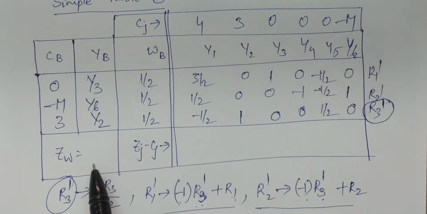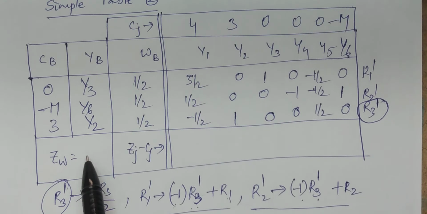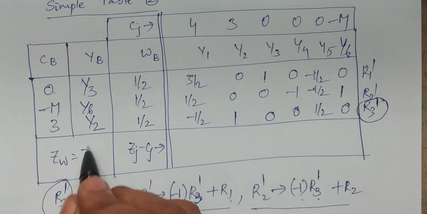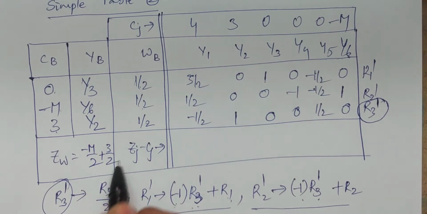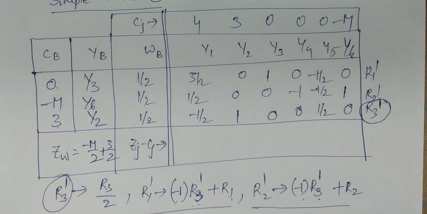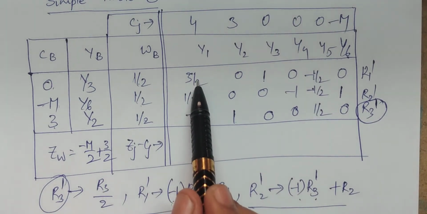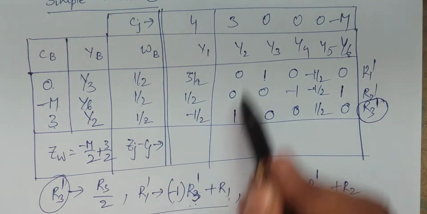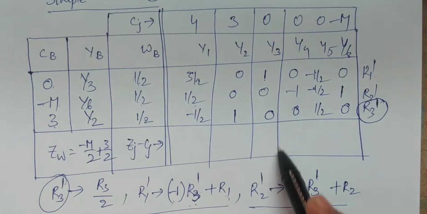What is Z omega? Now, you see the calculation: 0 into 1 by 2, minus m into 1 by 2, minus m by 2, plus 3 into 1 by 2, plus 3 by 2. This is the calculation of Z omega. And for the remaining net evaluations, I calculate the net evaluation: 0 into 3 by 2 for y1, 0 into 3 by 2, and 0, and minus m into 1 by 2, it is minus 1 by 2.